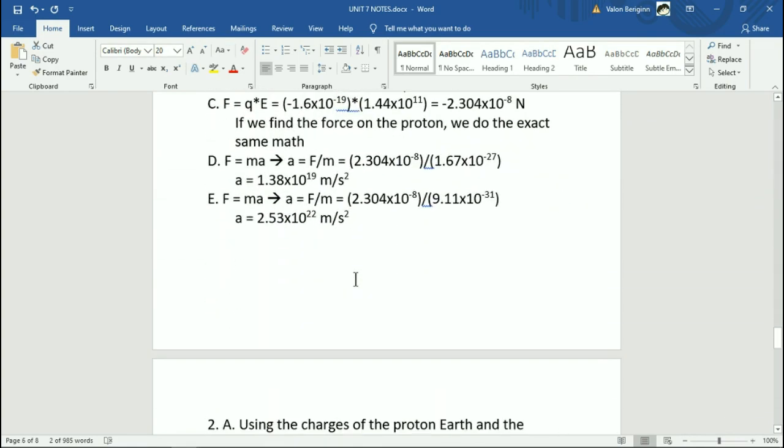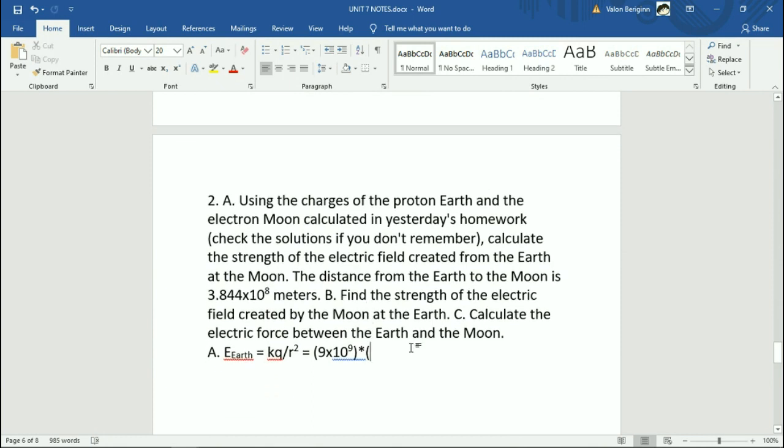Go all the way down to here. Okay, I don't need the Coulomb symbol. Then divided by the distance squared, which is 3.844 times 10 to the 8 squared. That's a fun equation. So we have the field created by the Earth.